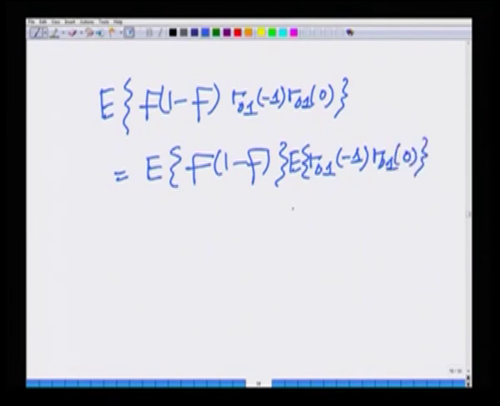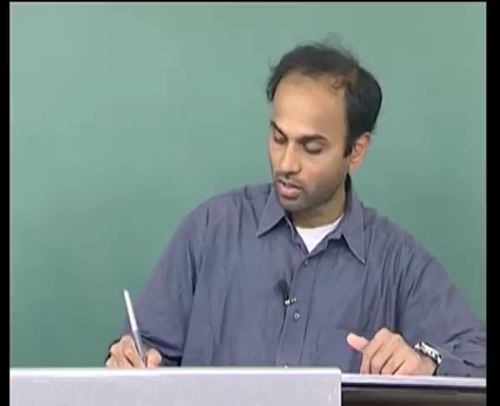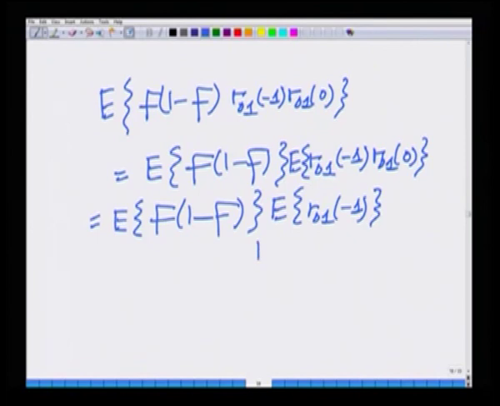Now, further we know that R01 of minus 1 and R01 of 0, they are also both independent quantities because they are shifts of the correlation sequence, and this is nothing but expected f into (1 minus f), expected R01 of minus 1 into expected R01 of 0.